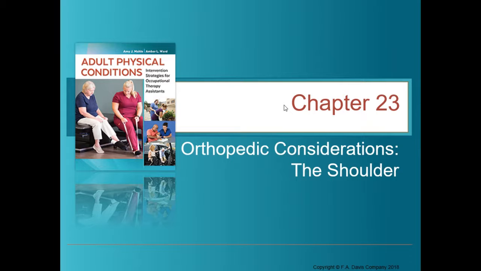The shoulder is actually one of my favorite subjects to teach, I guess because it's just so complex. There's so much to learn about it. We're going to look at it in this chapter, but we'll also revisit certain concepts in other chapters, especially chapter 33 when we talk about CVAs.